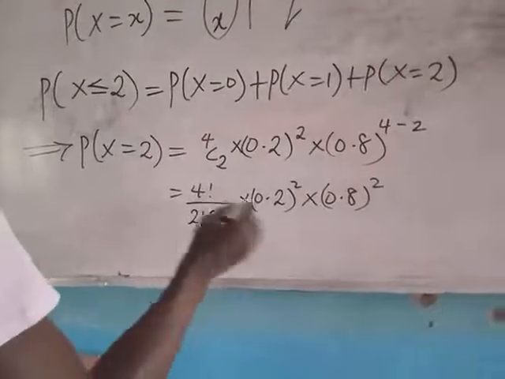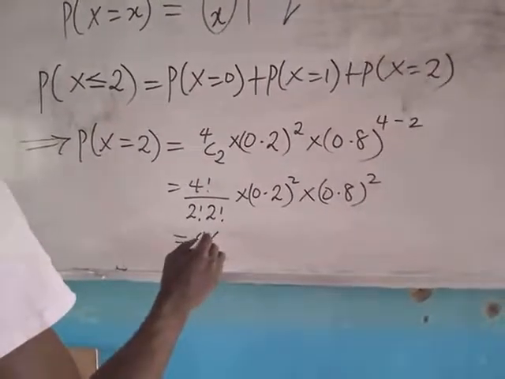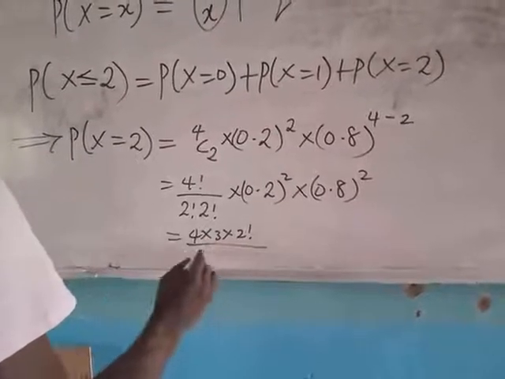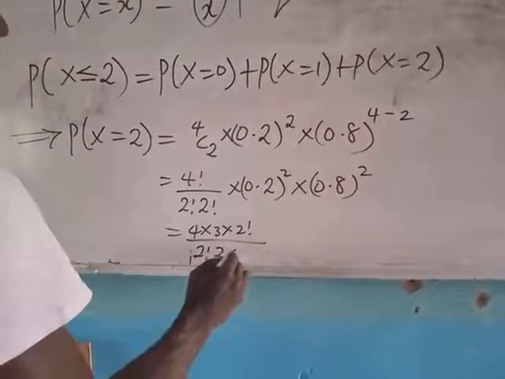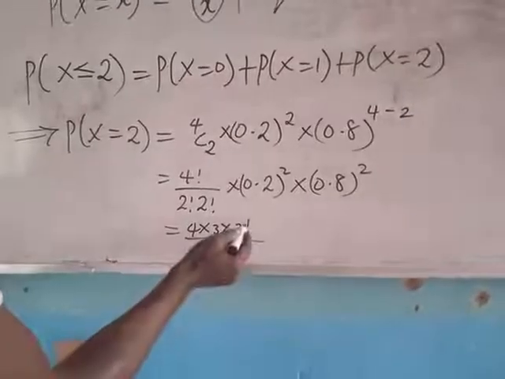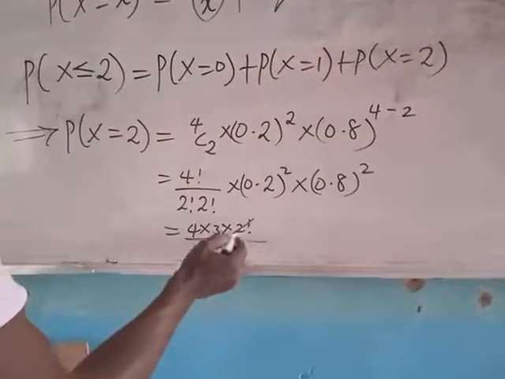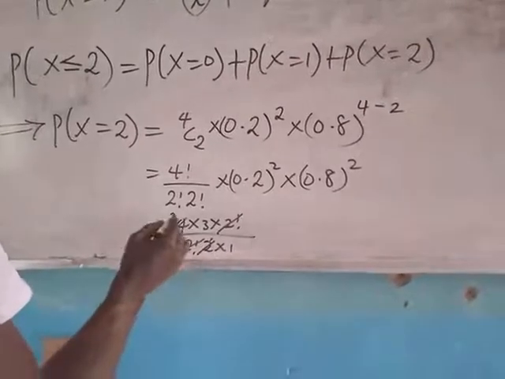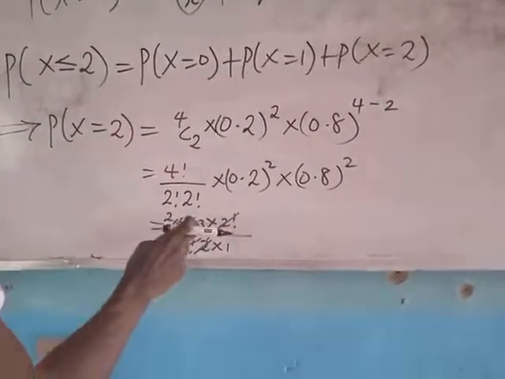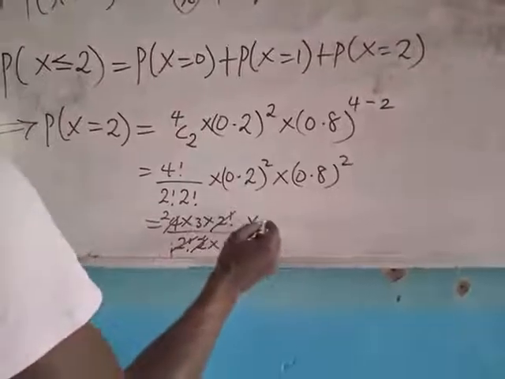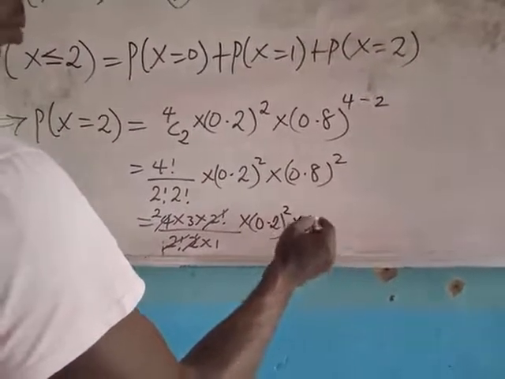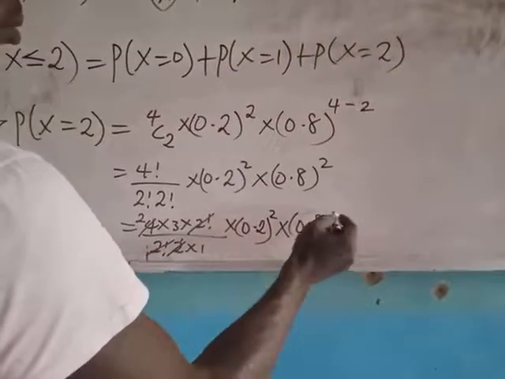We can express this as 4 times 3 times 2 factorial all over 2 factorial times 2 times 1. I'm leaving this in 2 factorial because this will cancel this. So 2 here, 1, 2 here, 2. So we are left with 2 times 3, then times 0.2 raised to power 2 times 0.8 raised to power 2.